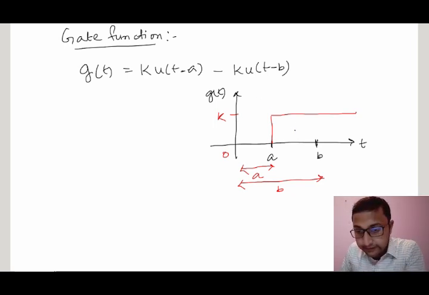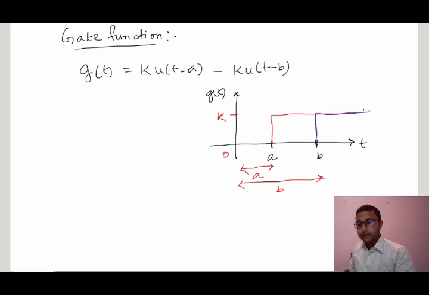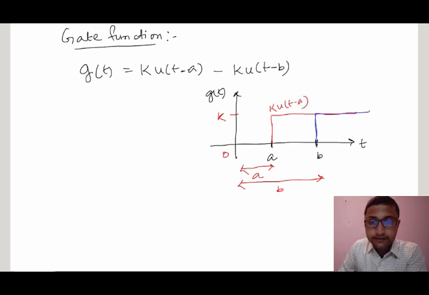That means here is the point b. So also this signal will start from the point b and it will follow the constant magnitude k. Okay, now these are the two signals. The red one is k u(t minus a), and the blue one is k u(t minus b).